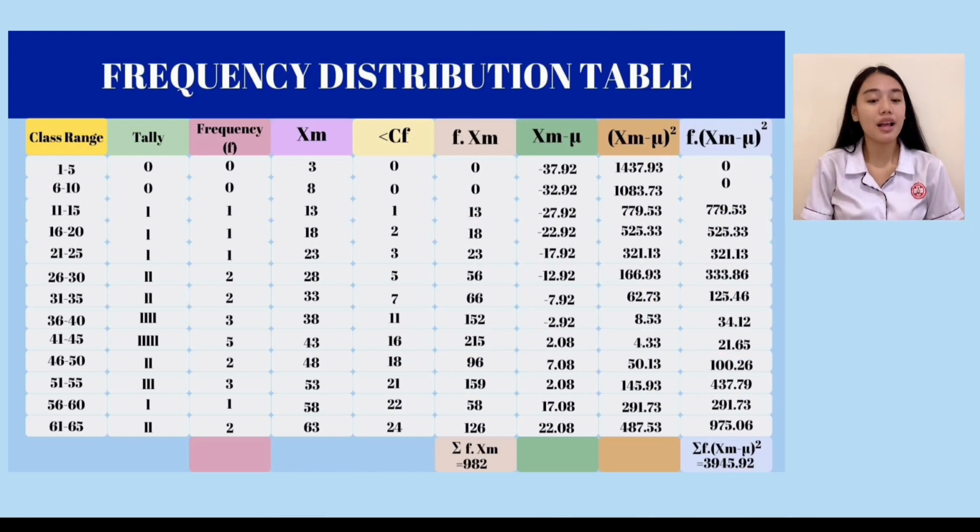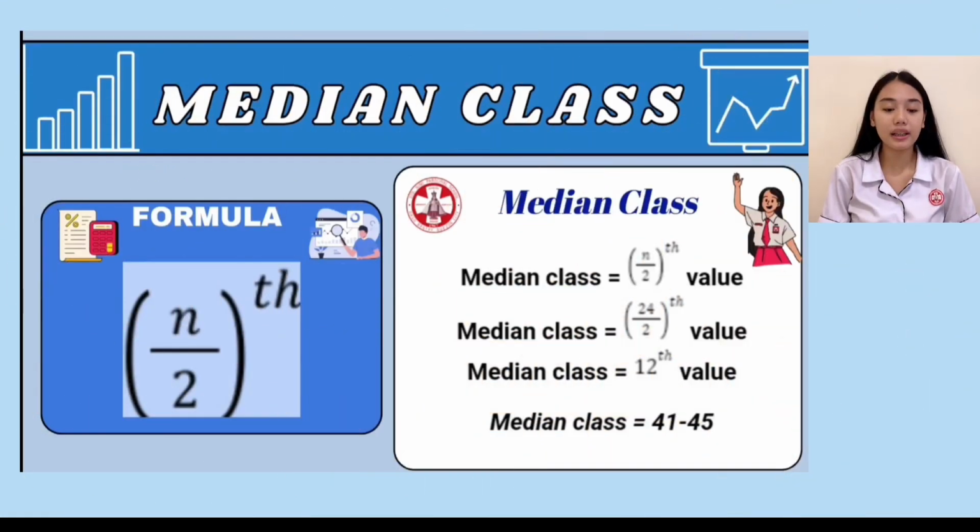In our data, there is no exact value of 12 in the CF. Instead, we will look at the numbers greater than or closest to 12. The closest and greater than 12 in our data is 16, which falls within the class range of 41 to 45. The median class of our data is 41 to 45.